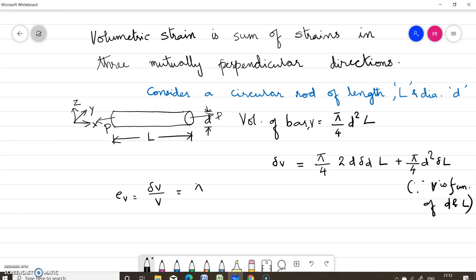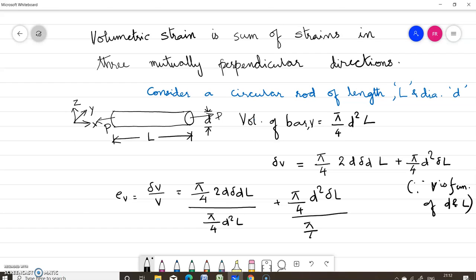So dividing this by original volume, pi by 4 into 2d into delta d into L divided by pi by 4 d square L, plus pi by 4 into d square into delta L divided by pi by 4 d square into L. We will get 2 into delta d by d.